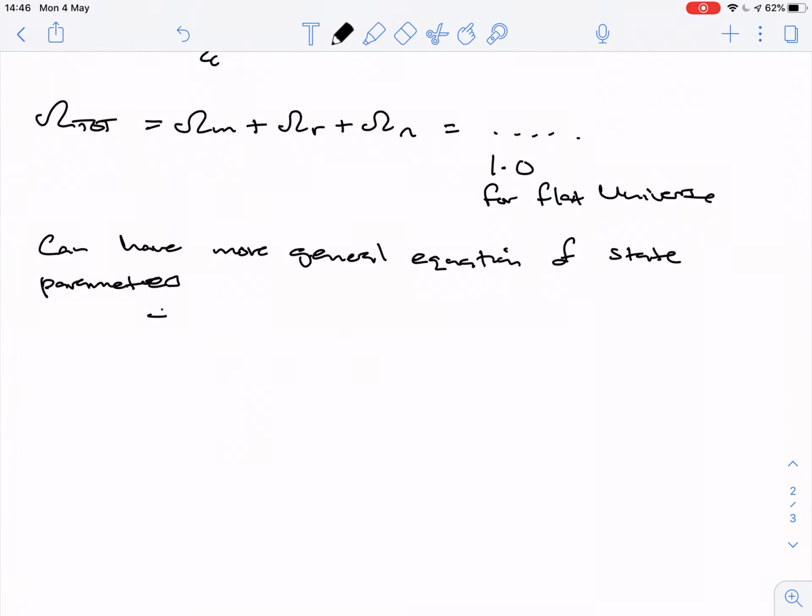So, you can have W equals minus 0.5. You can have W dot, i.e. variable with time. But all of those will impact how the universe will actually evolve with cosmic time. So having set that up, we can now go about solving first the fluid equation and then the Friedman equation.